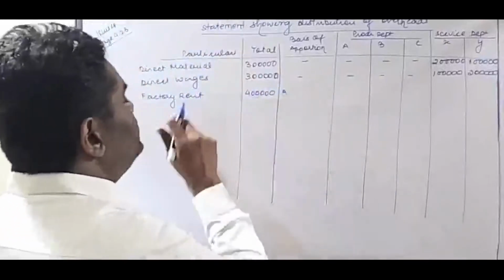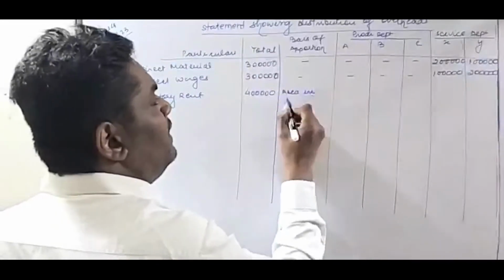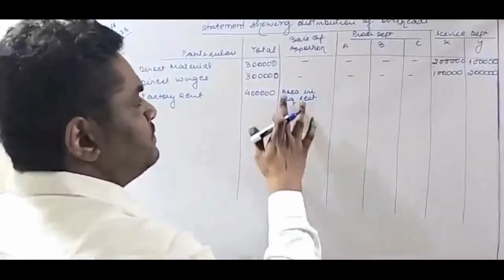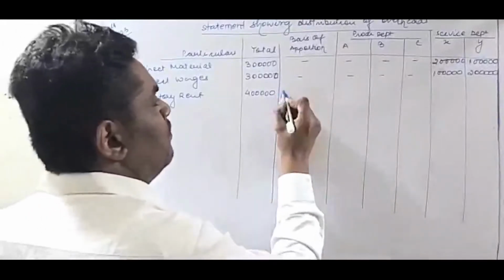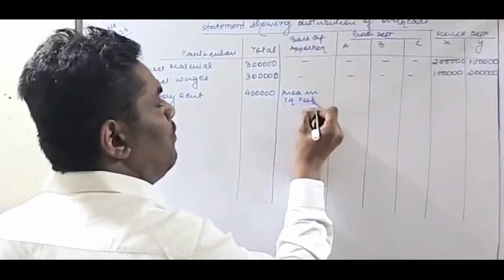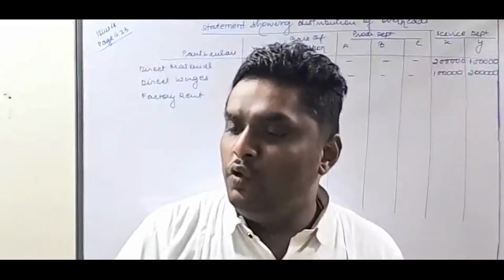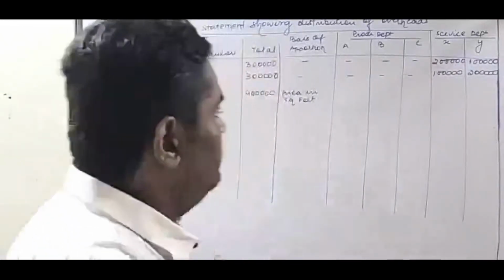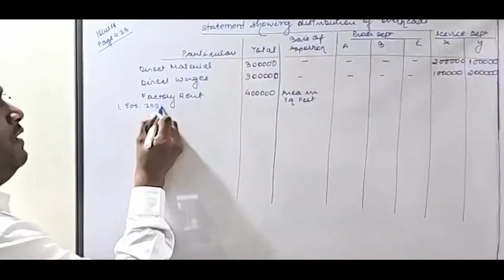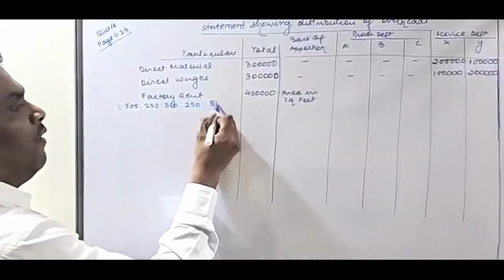So the basis of apportionment of factory rent is what? Area in square feet, and it is given 500, 250, 500, 250, and 500.